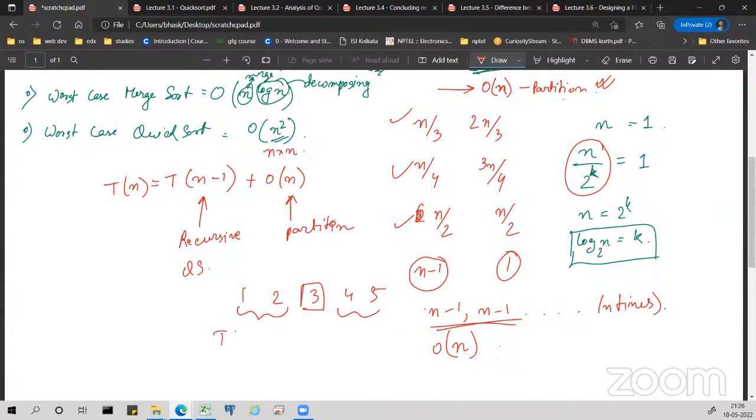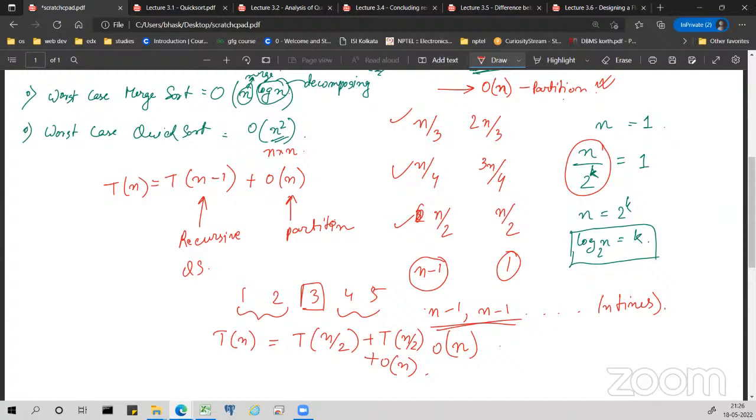Your recurrence would be something like T(n) equal to, actually it is exactly dividing by 2. So your recurrence would be T(n/2) plus T(n/2) plus order of n for partition. If you solve this recurrence, this is actually your merge sort's recurrence, correct?